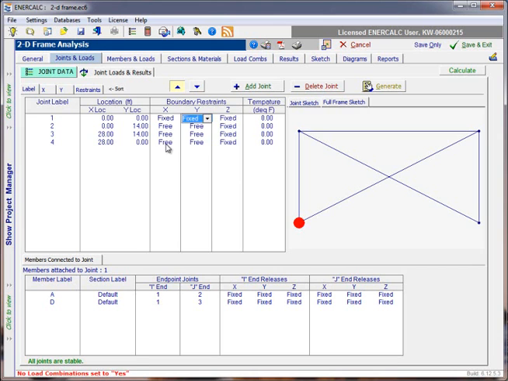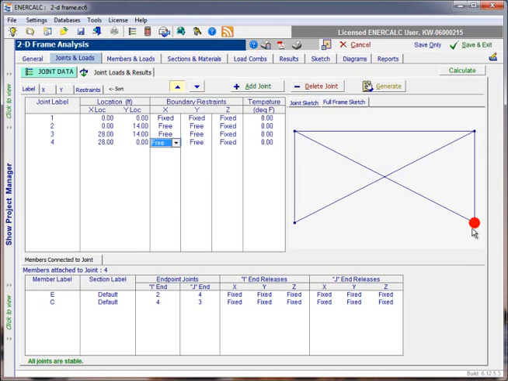And the same settings hold true for the other lower node, which is node number 4. So we'll say node number 4 is to be fixed against translation in both the x and the y directions.